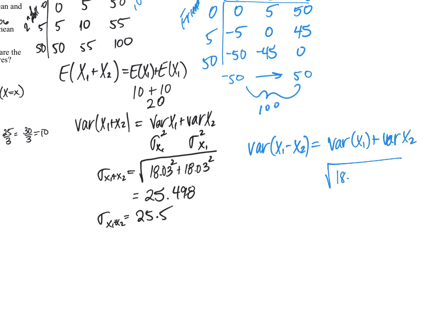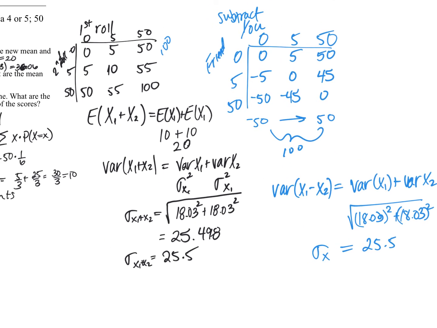The square root of 18.03 squared plus 18.03 squared, which is 25.5. My standard deviation is the same whether I add them or subtract them, for independent events. And that has to be one of our assumptions, that the rolls are independent or the plays are independent of each other, which, because we're playing with a die, is an okay assumption to make.